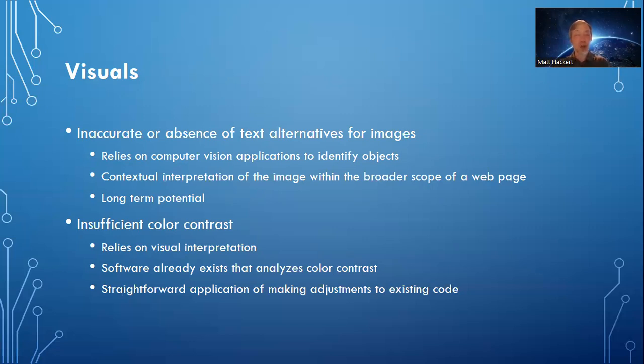According to WCAG 2.1, the background and text colors should have a contrast ratio of 4.5 to 1 in the case of small text and 3 to 1 for large text.